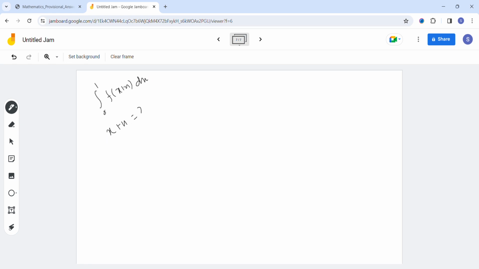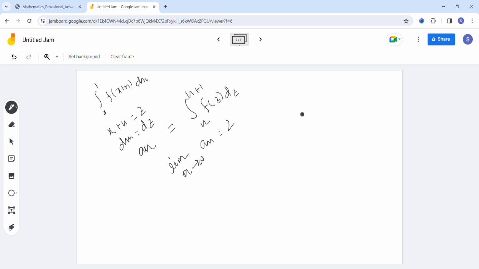Let x+n be z, dx equal to dz, then this is the integral from n to n+1 of f(z) dz. Call this an. It is given that the limit as n goes to infinity of an equals 2.